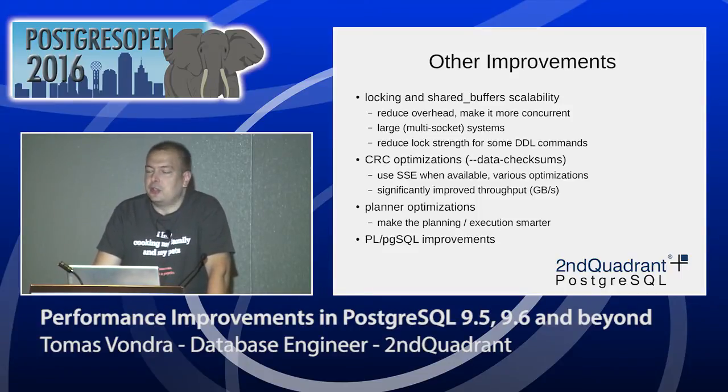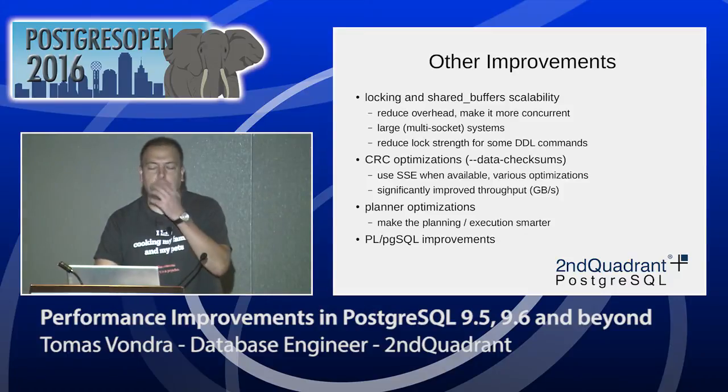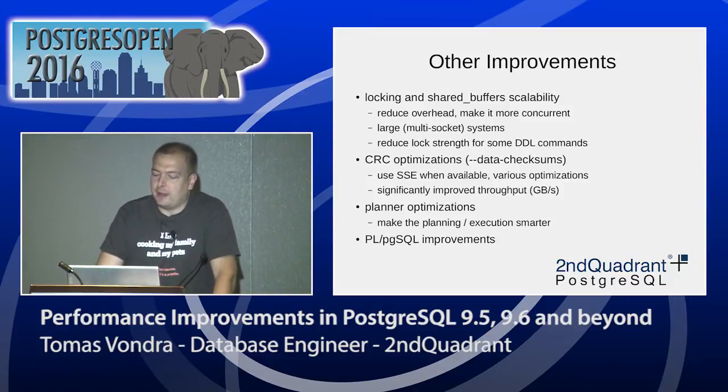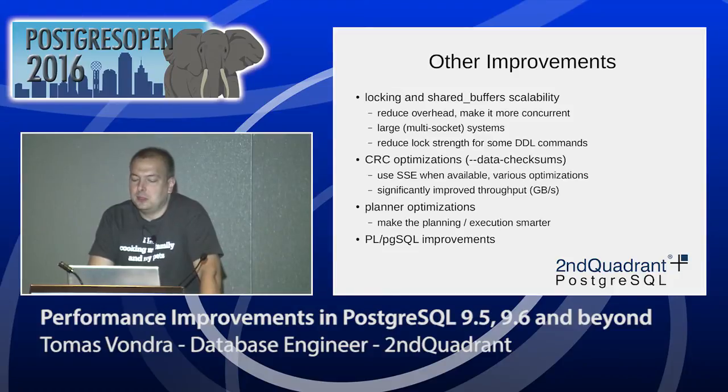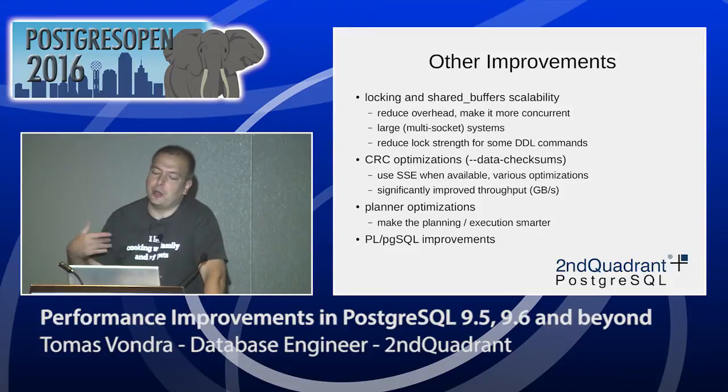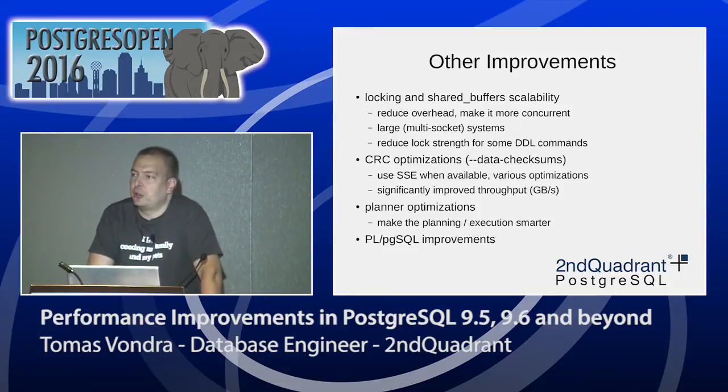Another thing that you can see over the last few releases is improving behavior of Postgres on large machines, right? So if you have many cores, a lot of memory, and so on, we try to actually improve the behavior of Postgres by reducing overhead associated with maintenance of shared buffers, different types of locks, reducing lock strength, and so on.